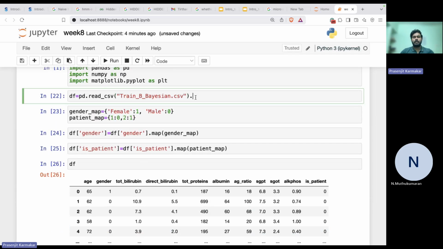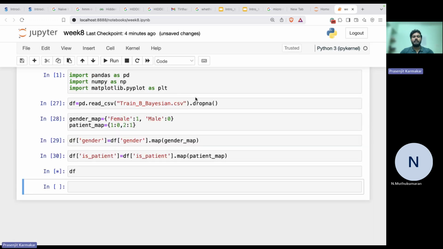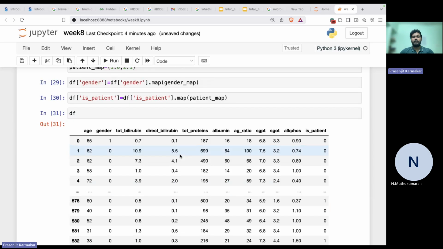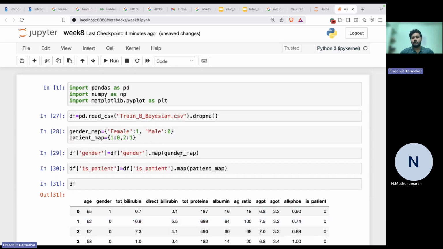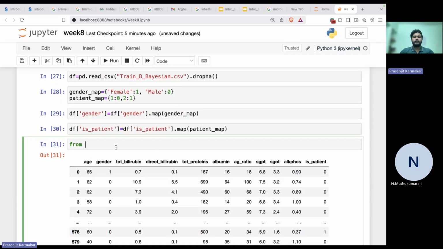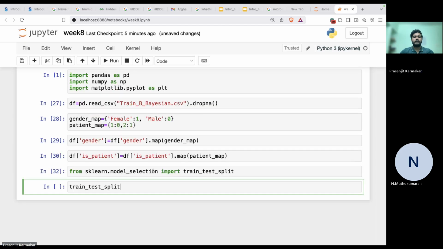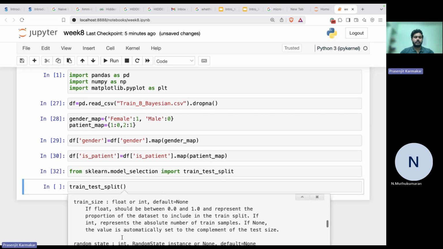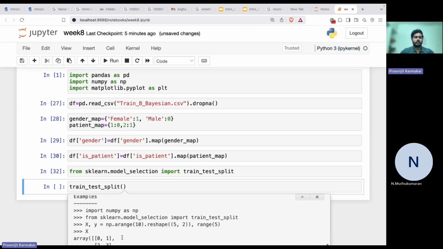Let's just drop now. Let us remove any irregularities with the data set, which has missing values or something. Now let's do train test split from sklearn.model_selection. Copy this entire code here.